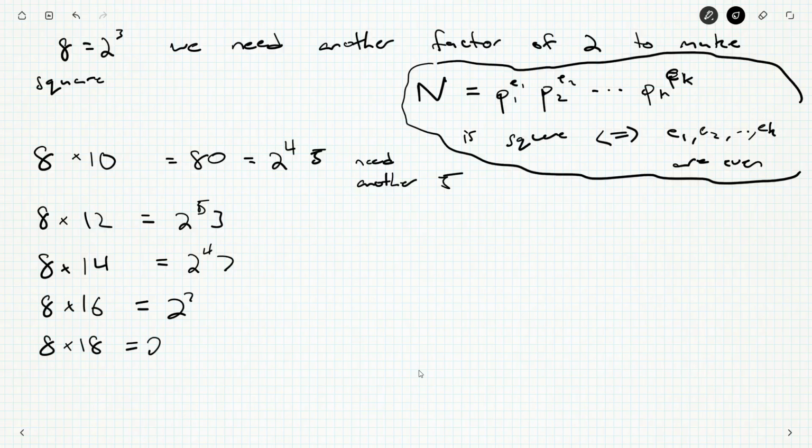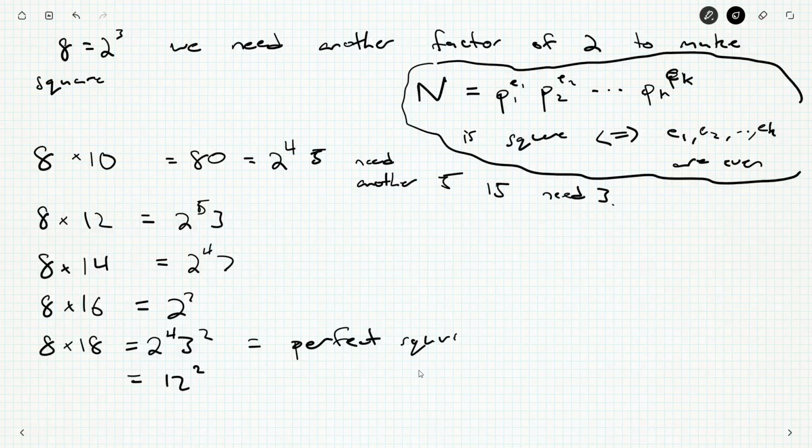So the 2 there, we get 2 to the 4, and we've got 3 squared already built in. This is a perfect square. Specifically, it's 12 squared. Okay? And I would say this is actually pretty good justification. So you need another 5. That would lead us to 15, which needs another 3. And so you're going to have to go to at least 18.